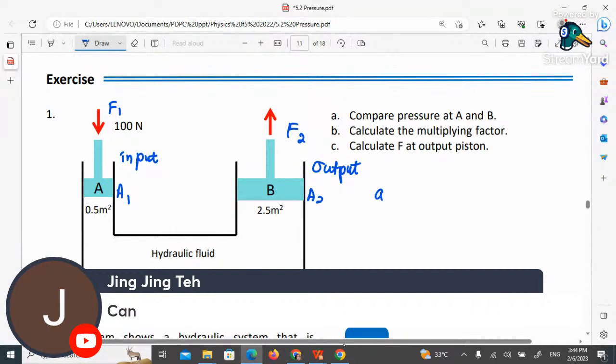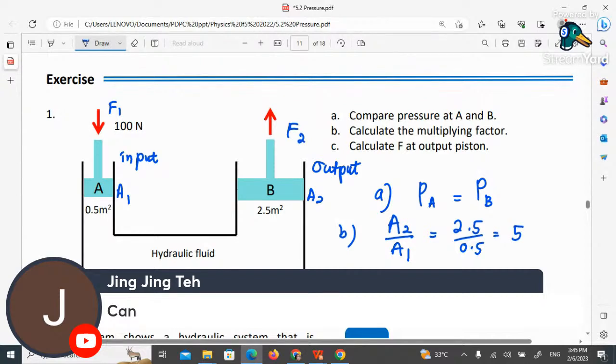A, compare pressure at A and B. Compare pressure at A and B means pressure at A equals pressure at B. B, calculate multiplying factor. Multiplying factor is A2 over A1. 2.5 divided by 0.5. Check the unit.